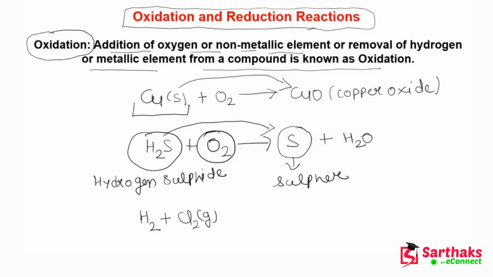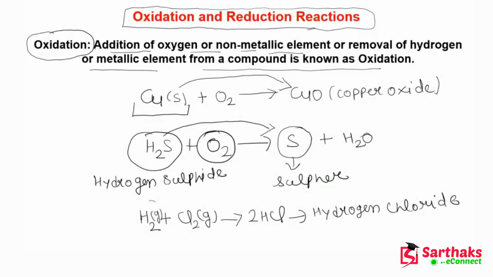This is chlorine gas and this is hydrogen gas. When these two molecules react, they give us 2HCl, that is hydrogen chloride. Let me write it here, hydrogen chloride.